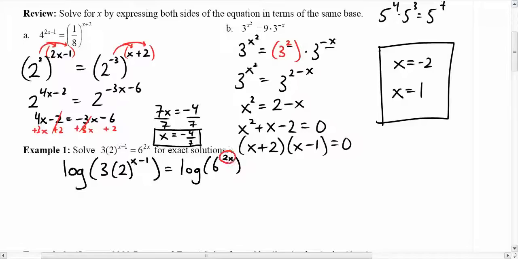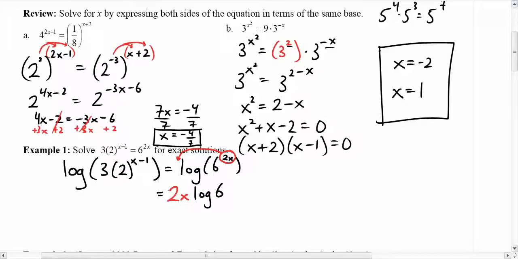Using the power law, the 2x can become a coefficient of the logarithm. But on the left-hand side, we can't take down the x minus 1 because the x minus 1 is an exponent only of 2.